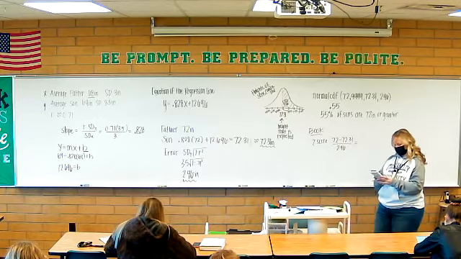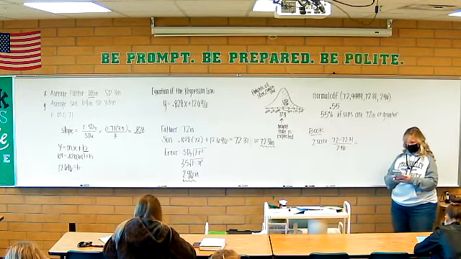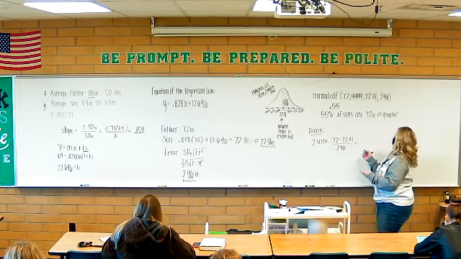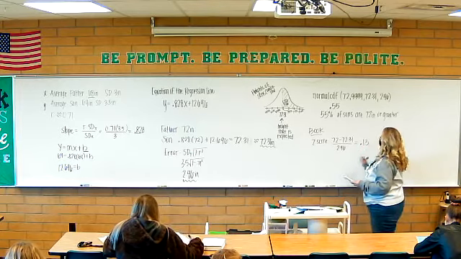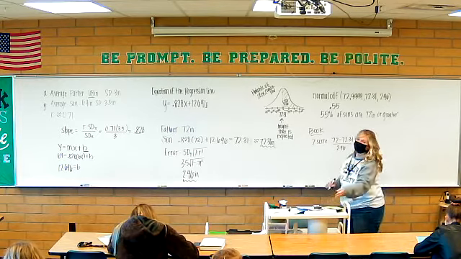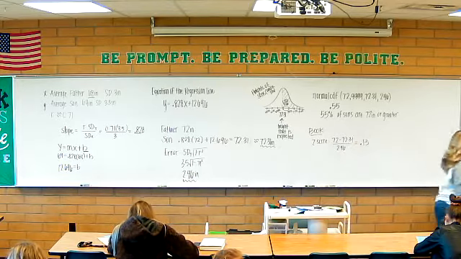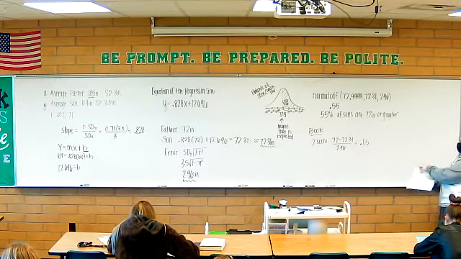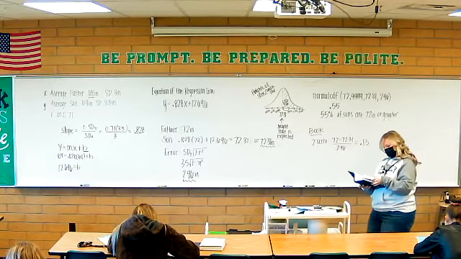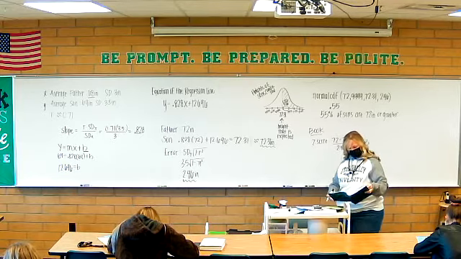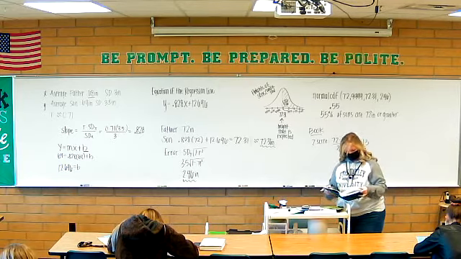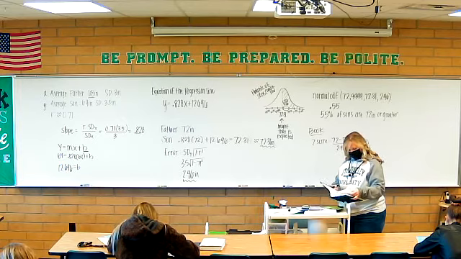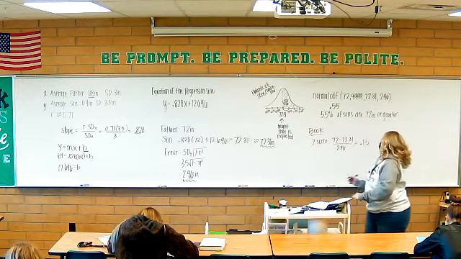And that would give me a z-score of 0.13. Then I would look that up in the back of the book. So a z-score of 0.13. The closest I have to that is a 0.15. And that gives me 11.92%.